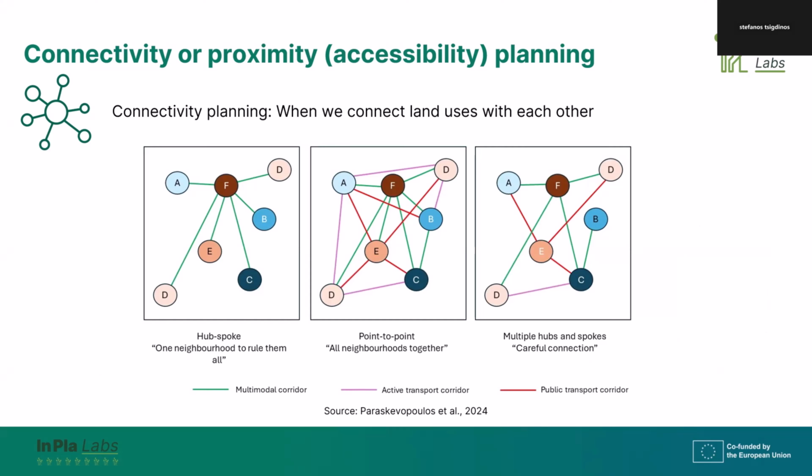We can see here in the diagram a schematic visualization of how different kinds of connections bring different kinds of impacts on the city. We can see a hub and spoke approach, where we have one center and connect all the other neighborhoods to that center, or we can connect them all together, which is the point-to-point approach.